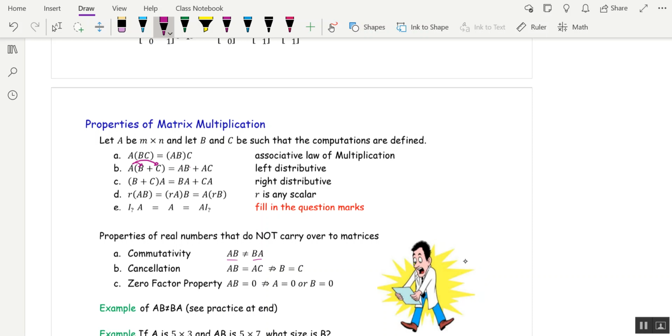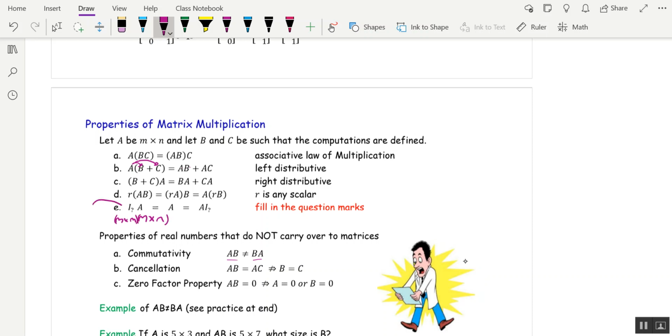Let me jump down to this one. The identity times A is A, which is A times the identity. But the identity on the left doesn't have to be the same as the identity on the right. If A is M by N, then to multiply on the left by the identity, that would have to be the M by M identity so that the multiplication made sense.